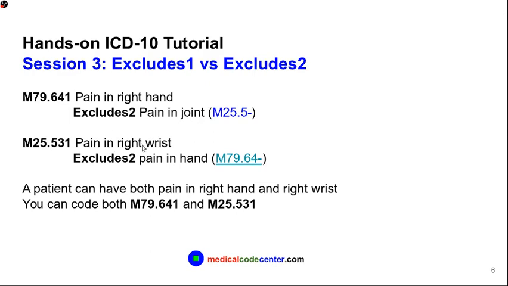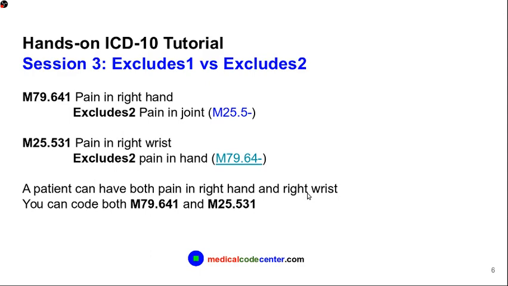And under pain in right wrist, it also has an Excludes2 note, pain in the hand. Because these two codes have an Excludes2 relationship, we can code both M79.641 and M25.531. This is because a patient can have both pain in the right hand and also pain in the right wrist.